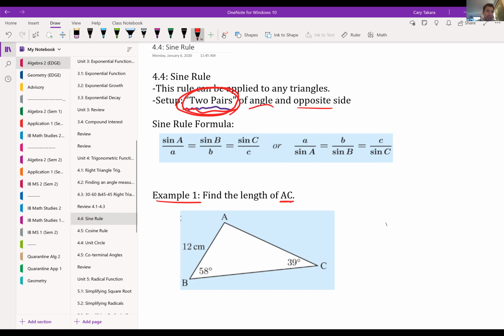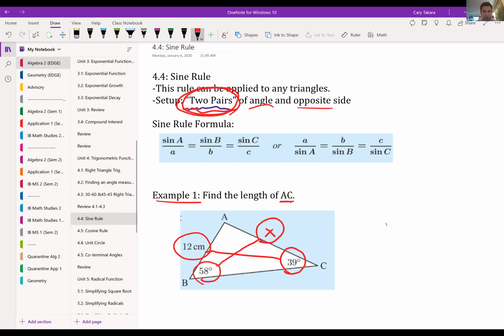You want to find AC, which is this part right here. So AC, that's X. We want to figure out what X is. Now, we've got 2 pairs of an angle and opposite side, angle and opposite side. That is what I mean by 2 pairs.